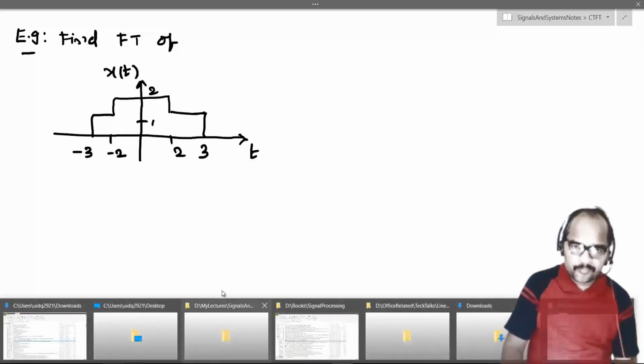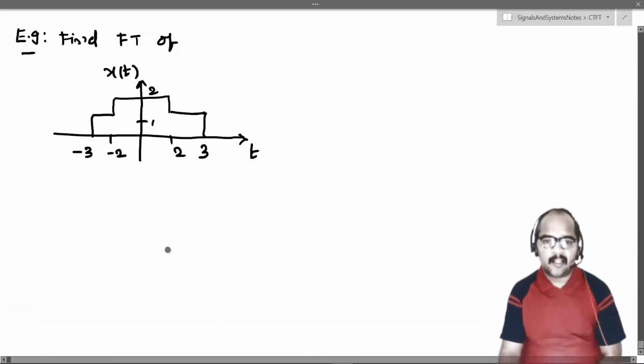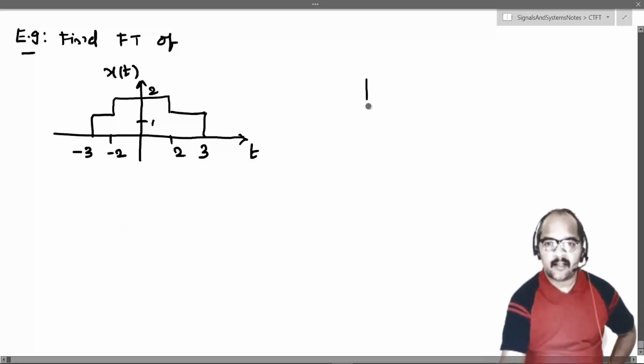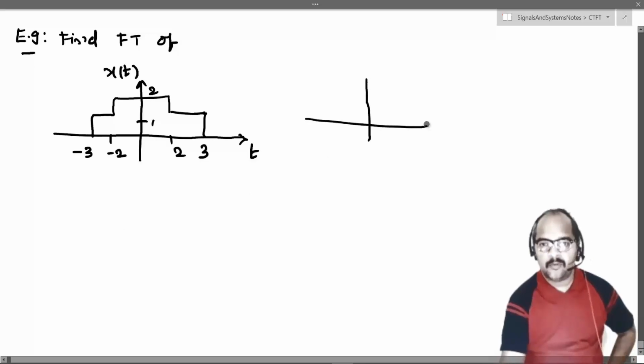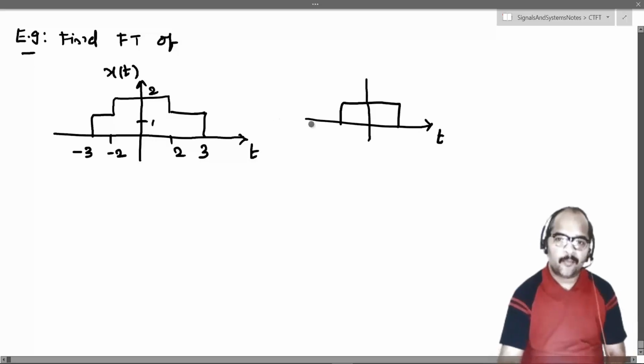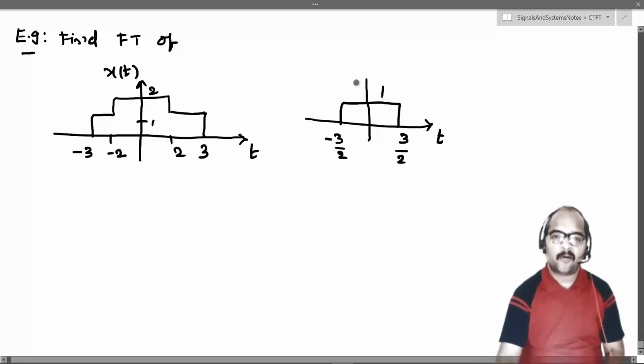This signal can be written as, but before we go into that, let us consider a new signal like this. Let us take a rectangle signal from -3/2 to +3/2 with amplitude 1. Let us call this x1 of t.